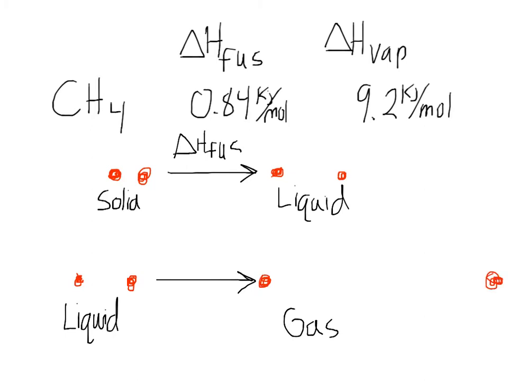A lot further. Because of this greater distance that we have to separate the two liquid molecules, it's going to take a lot more energy. So the energy to take would be the enthalpy of vaporization. Because of the greater distance, we take more energy, so that's why the enthalpy of vaporization is a lot higher than the enthalpy of fusion.